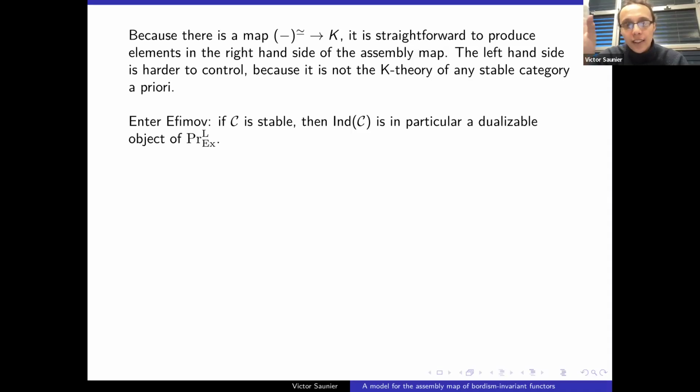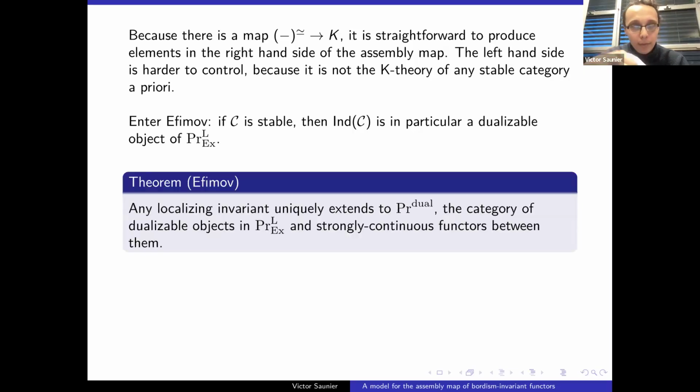Now, all of the objects of the form Ind C are not all of the dualizable categories, and this is somehow Efimov's big insight: it's still true that any localizing invariant extends to PrL dual, which is the category of dualizable objects in PrLst. And now the functors are not necessarily just continuous or exact functors.